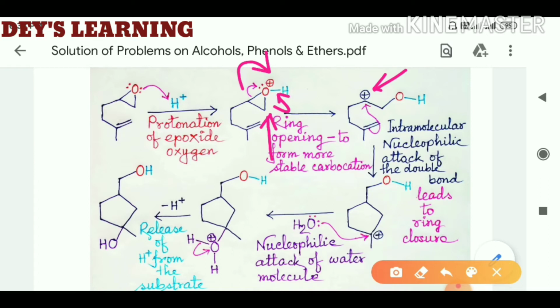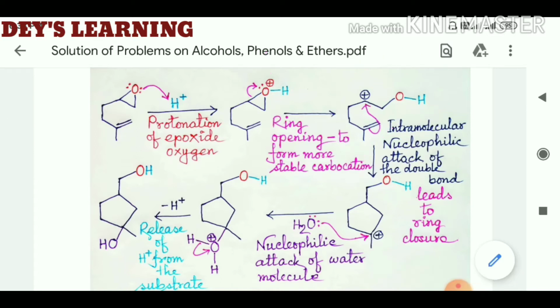But of course, this carbocation is definitely more stable than that which would occur from the other side, because this is a 2-degree carbocation which is more stable.